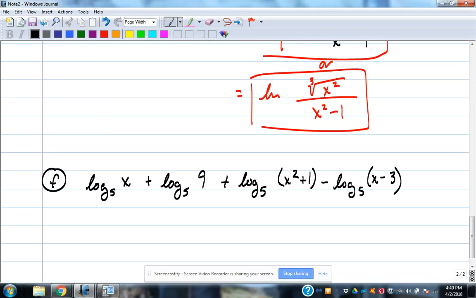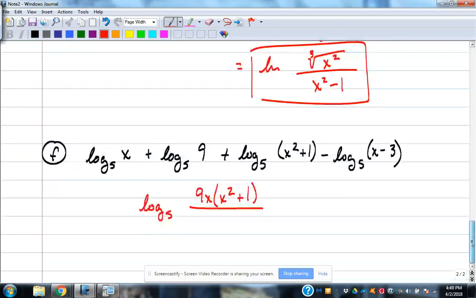Where would they be in the division problem? They'd be in the numerator because they're in front, right? So it's really not that complex here. It looks like it is, but we can combine that into being 9x times x squared plus 1 over what? X minus 3.